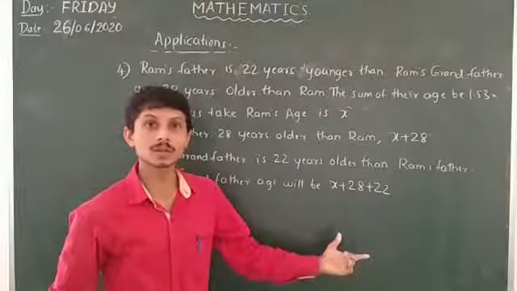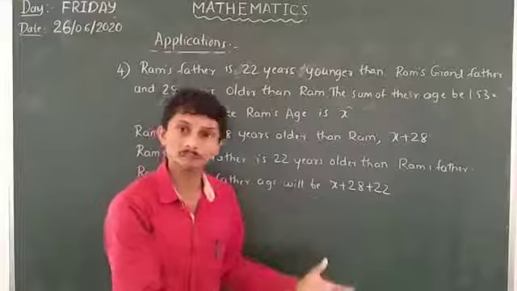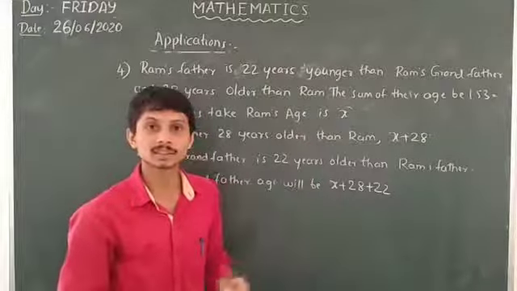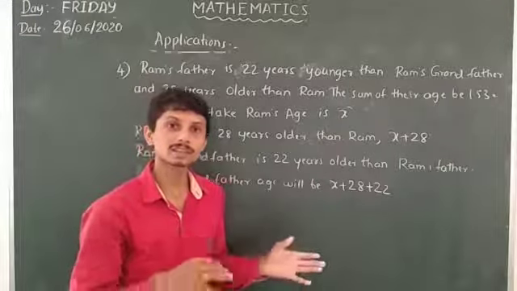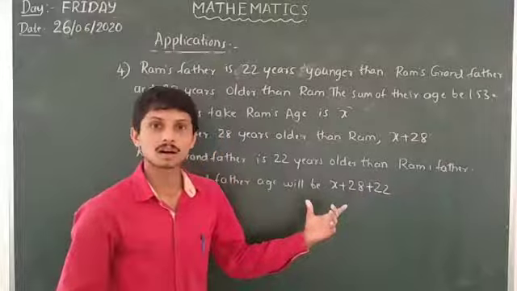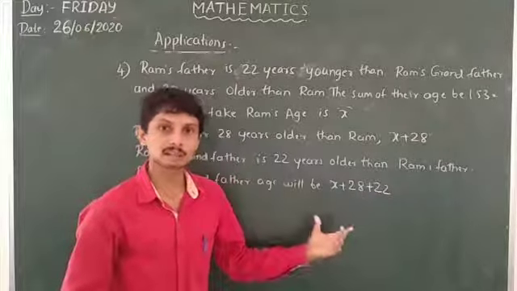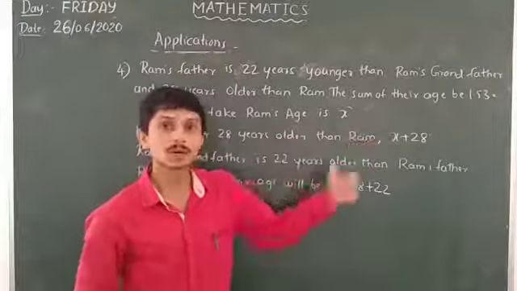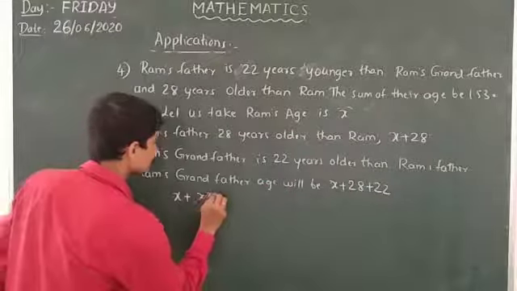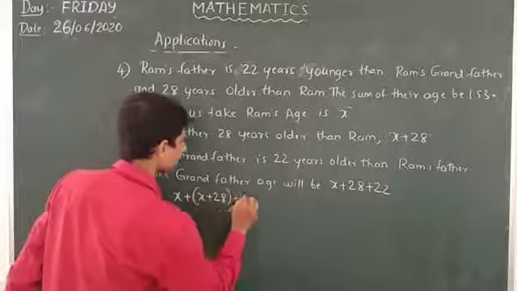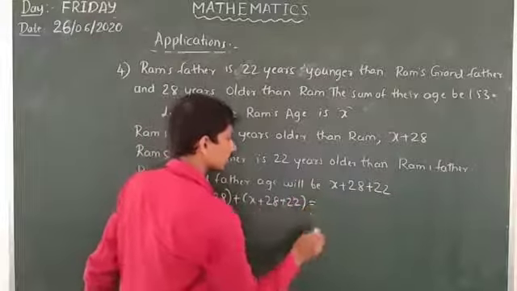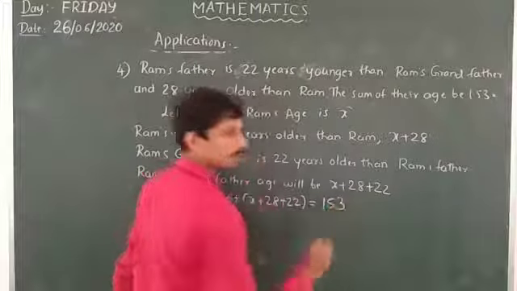We have to add all those ages and equate the sum of these linear expressions to 153. So x plus x plus 28 plus x plus 28 plus 22 is equal to 153.